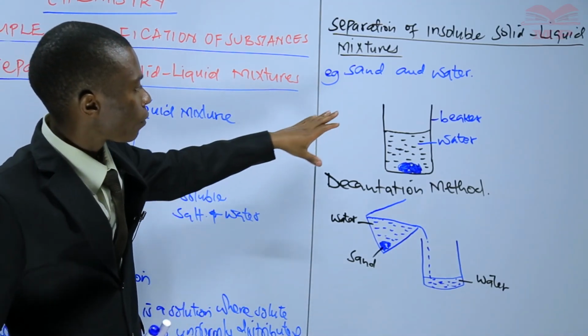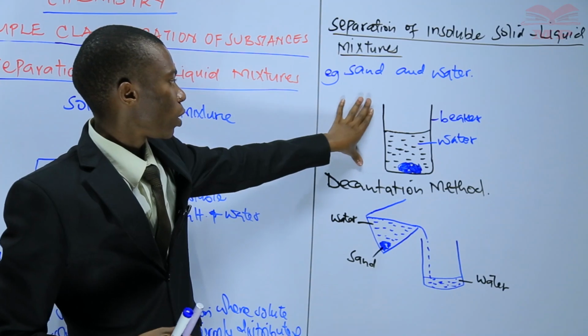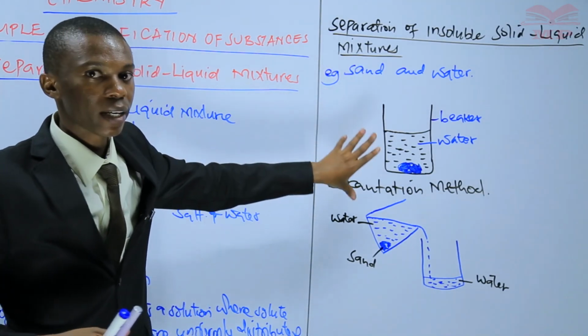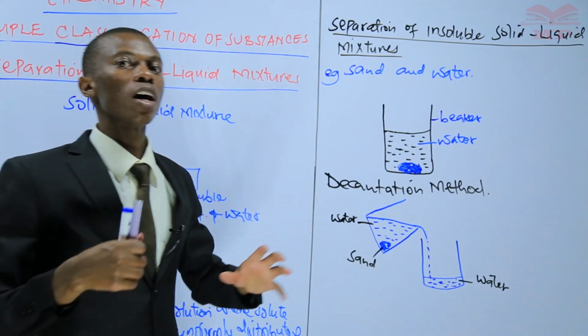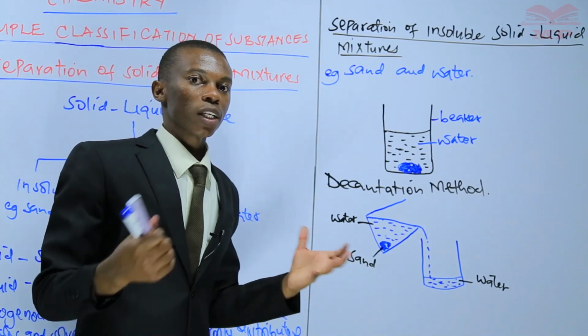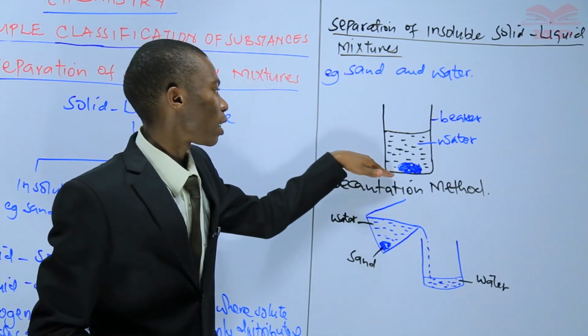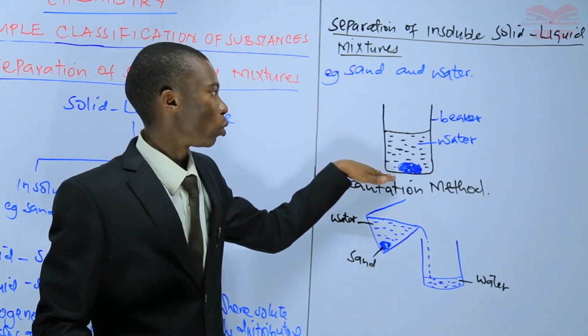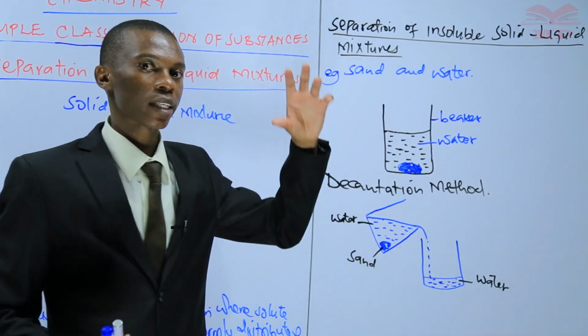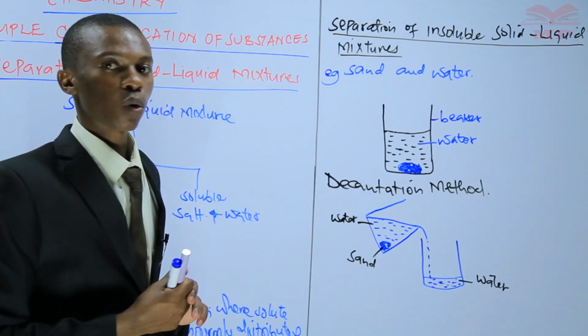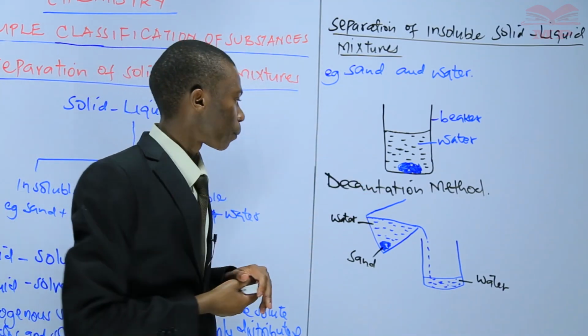If you have sand and water, you have put sand in water, you have stirred, and then you have given it around 5 minutes to settle. Then when it has settled, all the sand has gone to the bottom. Because sand, again, the density is high, that's why it has gone to the bottom of that beaker.